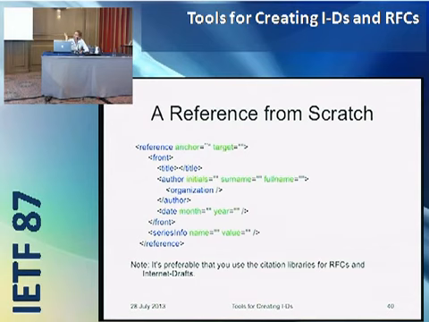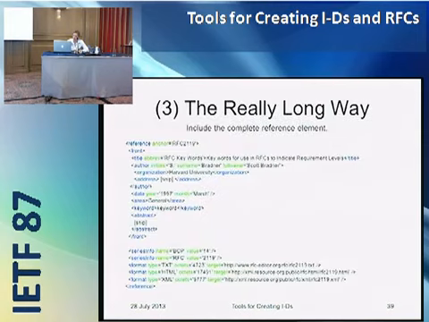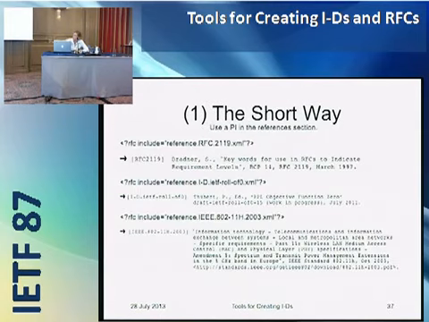So if this is a web page, then you would put the URL in the target, and it would actually show up in the text output inside of less than and greater than. So for example, on this IEEE one, if we looked at the guts of this, like what it actually looked like in the citation library, they used the target attribute to get that URL to show up at the end.